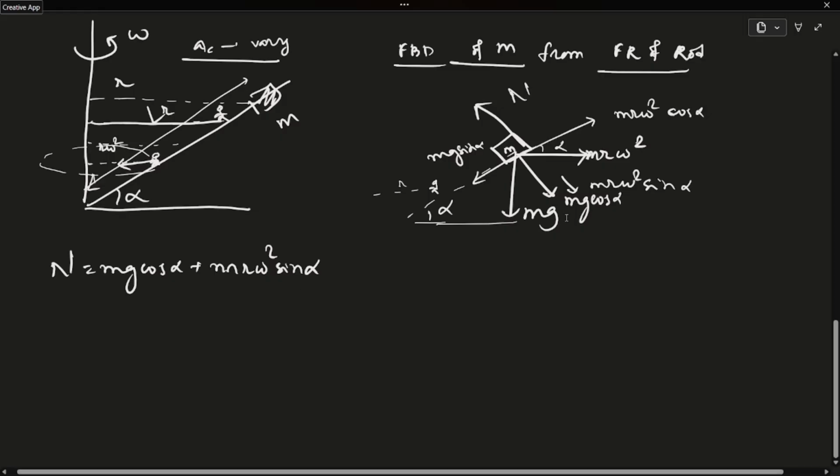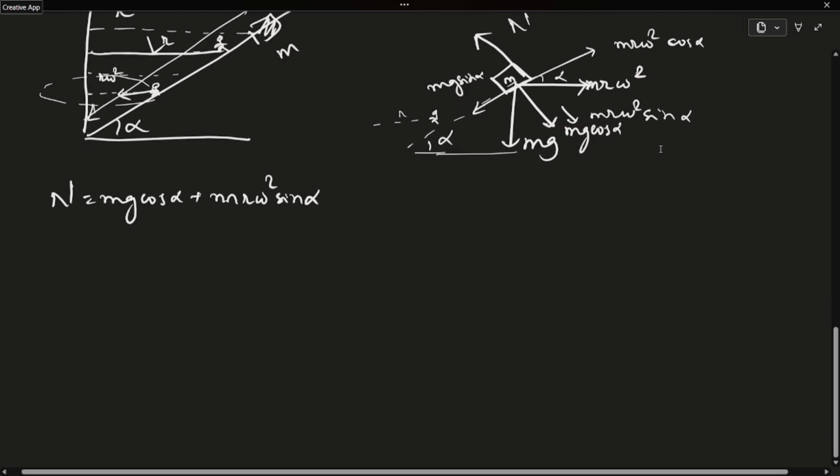But there is a problem: I cannot say that friction will act upward. In the case of omega equal to 0 it acts in the upward direction, but here I cannot say that. This depends on the difference between mg sin alpha and mr omega square cos alpha. So there will be two cases.